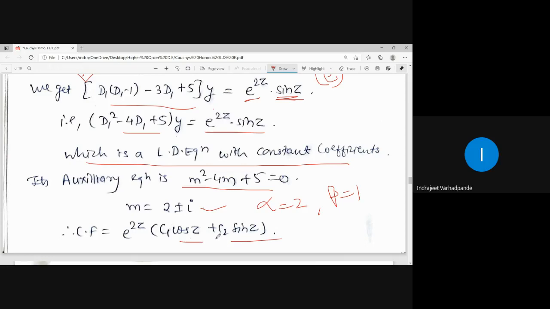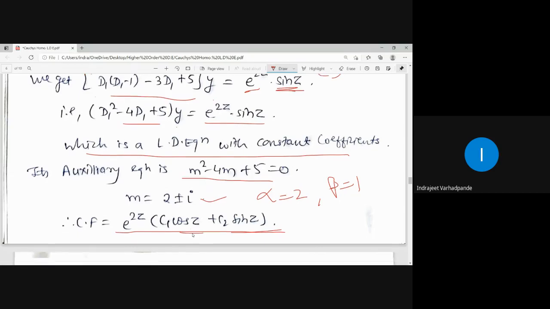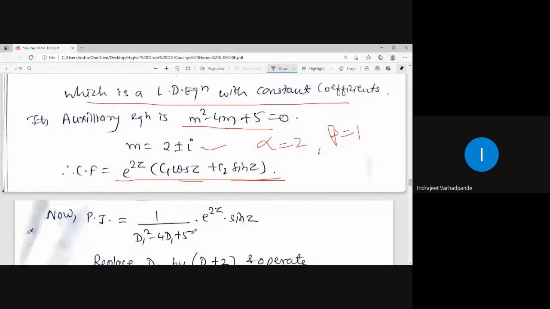Beta is 1, so it is simply cos z and sin z. So the complementary function is e to the power 2z multiplied by c1 cos z plus c2 sin z. Do not try right now to convert it into x. We will see it later on.